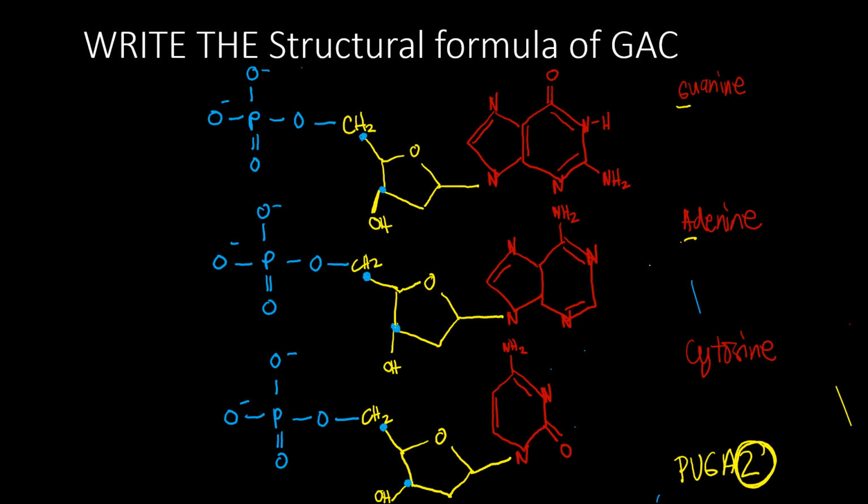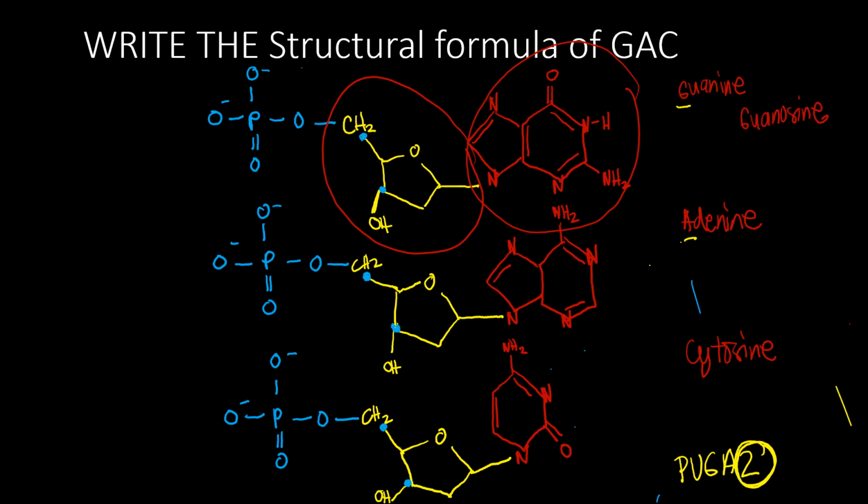So you have here the first nucleotide. We have a guanine here plus a ribose, so we term that guanosine. And then we have the phosphate group at the 5', so that is guanosine 5' monophosphate, or GMP.